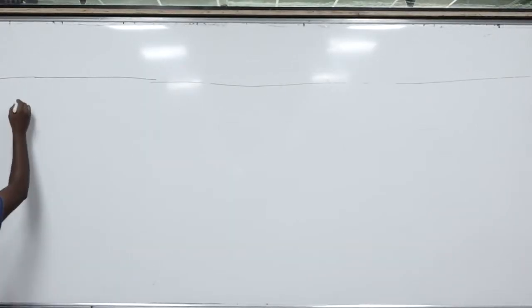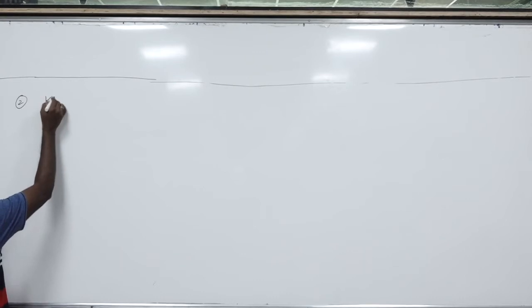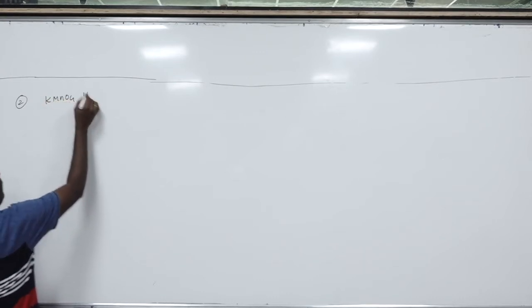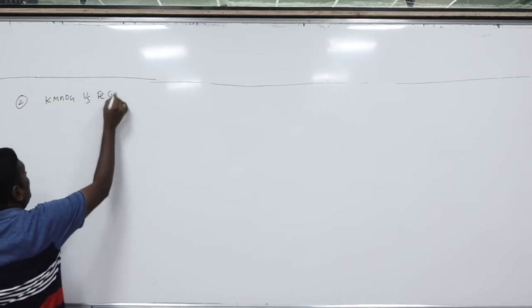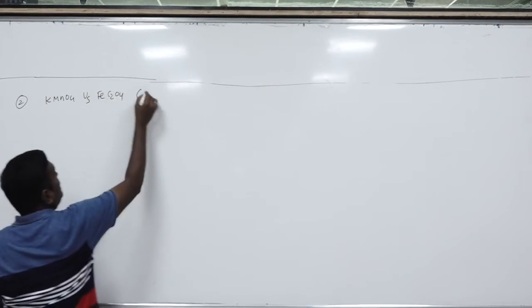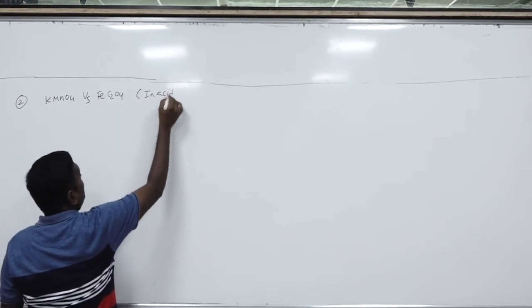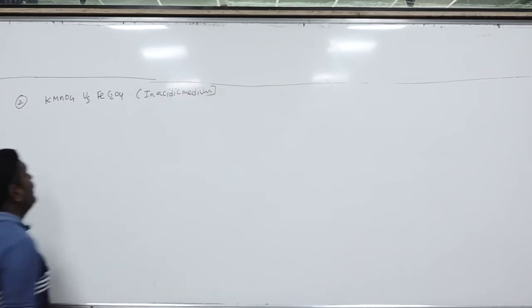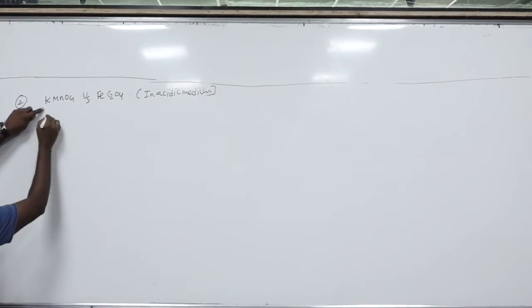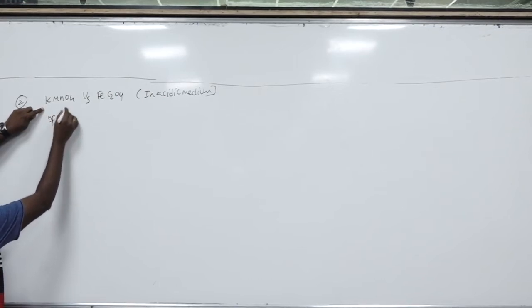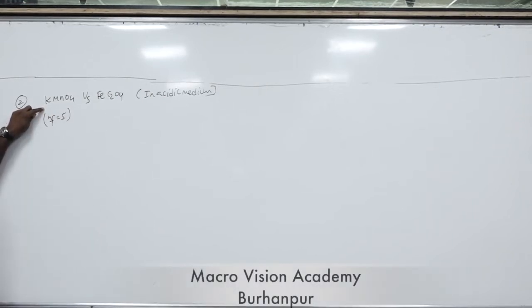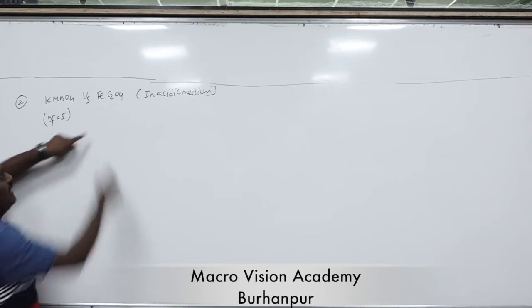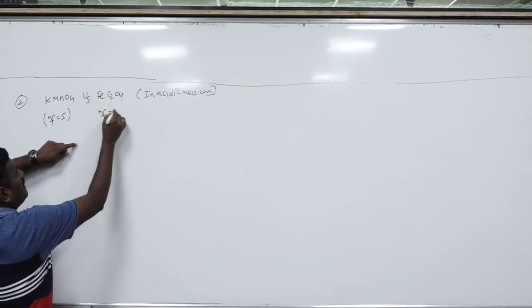Let's suppose I have potassium permanganate versus ferrous oxalate. This is also a reaction in acidic medium. Do you know the n factor of potassium permanganate in acidic medium? 5. Do you know the n factor of ferrous oxalate? It is 3.